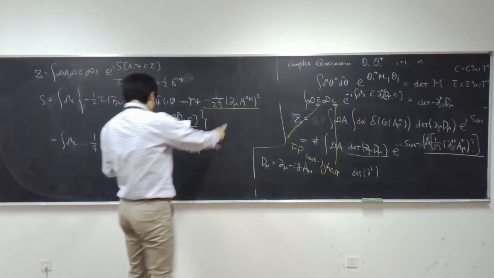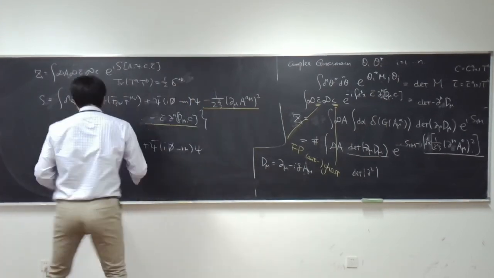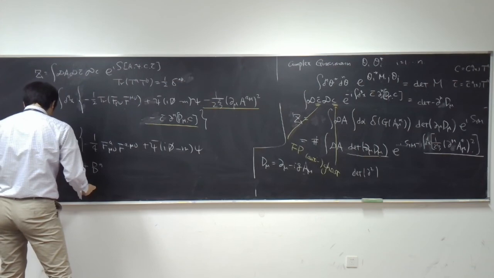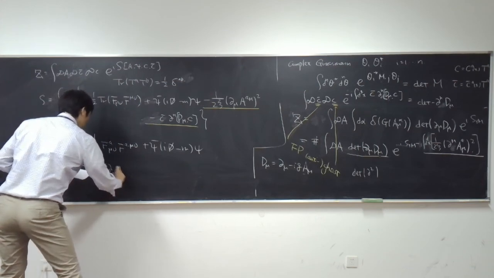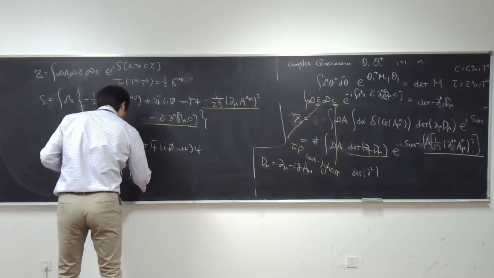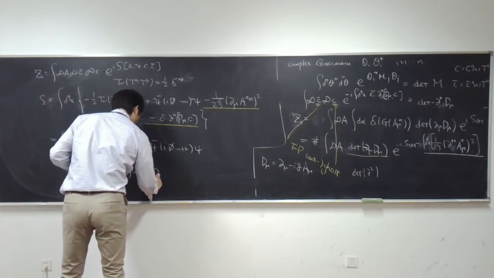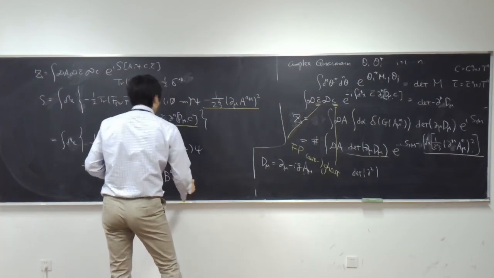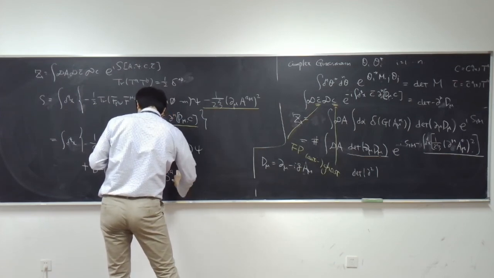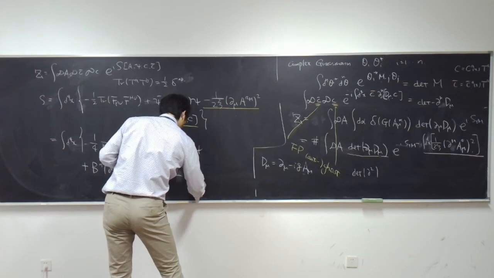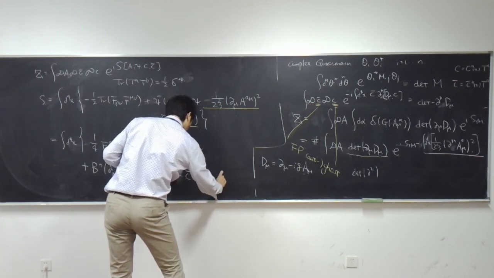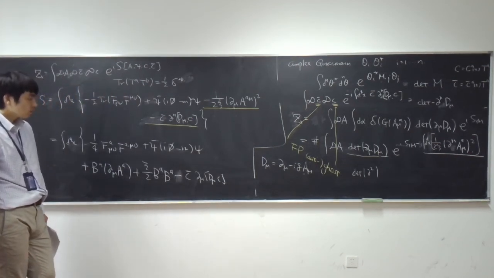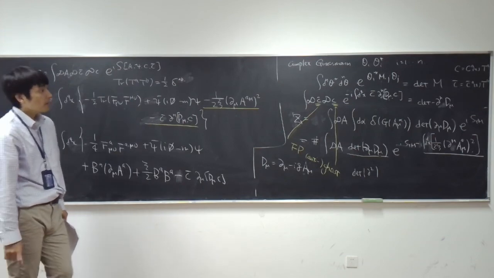And then this term we can just rewrite as follows: plus, you just write down some scalar field, partial mu A mu, plus c, minus c partial mu, times. Oh, sorry, I think.